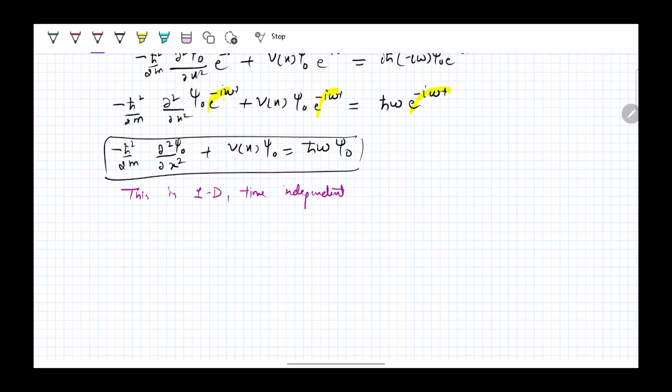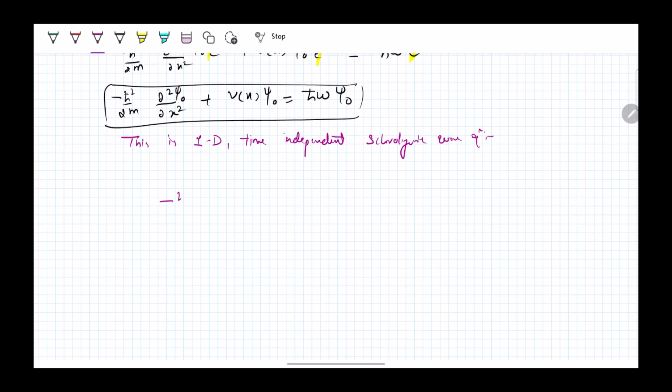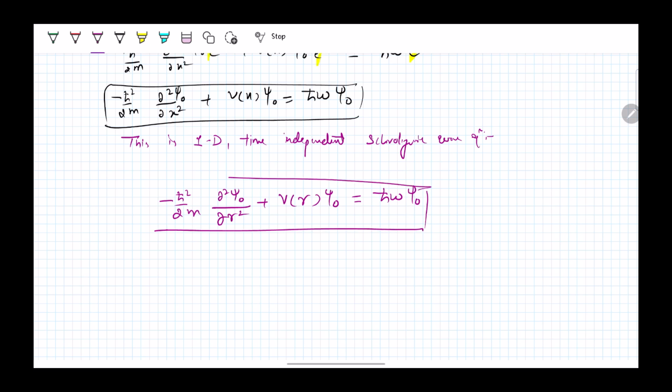Okay, alright, the Schrodinger's wave equation, that is minus h cut square over 2m curly square psi naught over curly r square plus V of r psi naught is equal to h cut omega psi naught, and this is the time independent Schrodinger equation in 3 dimensions.